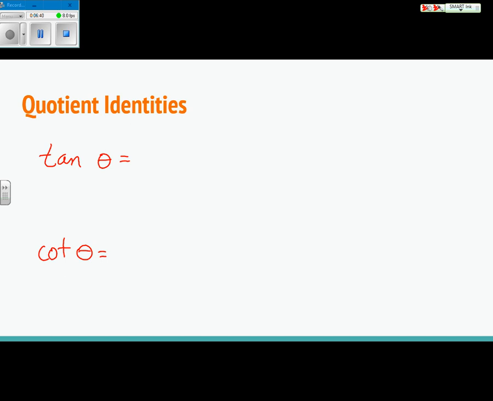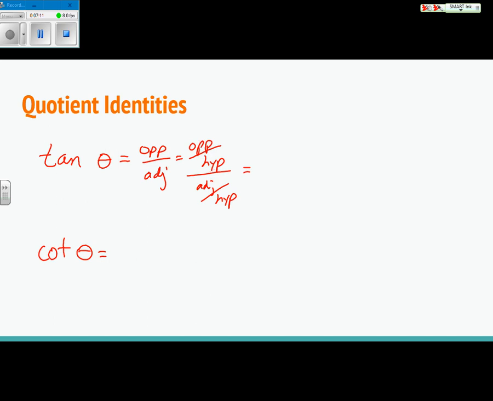Now, tangent theta, if you remember, is opposite over adjacent. The whole point of today is to get off the idea of being opposite over adjacent or adjacent over hypotenuse. But what I'm going to do is divide both the top and the bottom by the hypotenuse.